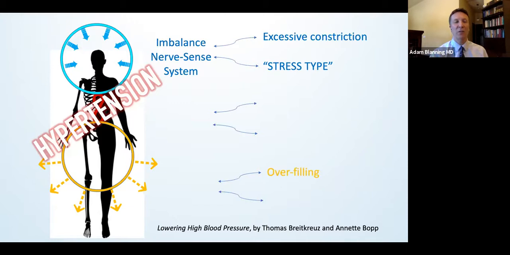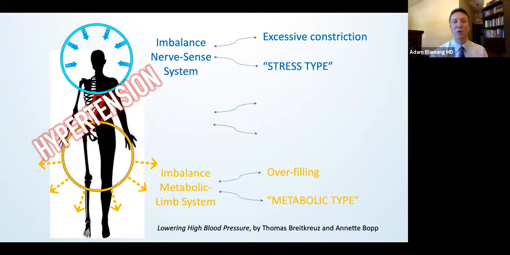In contrast, when we come down to this metabolic limb system, instead of constriction, we can think about there still being elevated pressure, but it's due to an overfilling. And overfilling is part of an imbalanced metabolic limb system process. There's too much filling, there is too much loosening, there is too much metabolic activity.